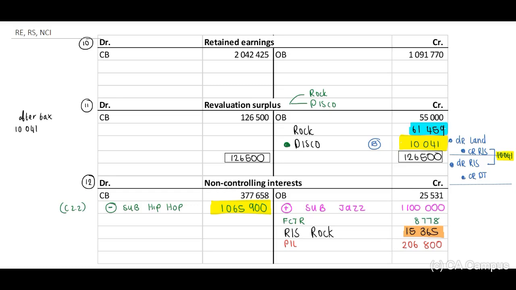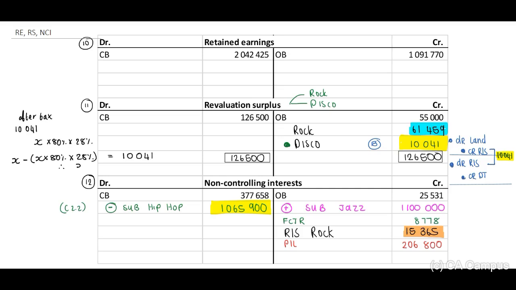Our tax amount will be the amount times 80% times 28%. Therefore, let's say that we need to calculate x. Now we have x minus x times 80% times 28%, and this will be 10,041.